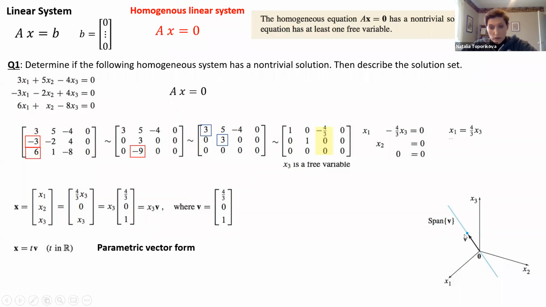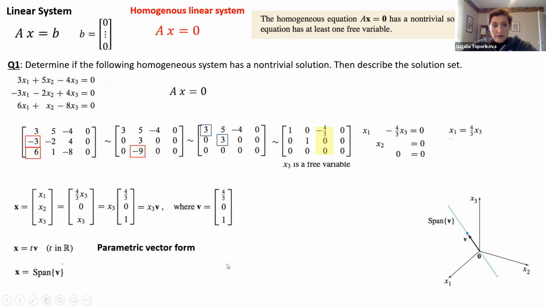Or in other words, we can say the solution of our equation is the span of vector v, because we know that the span denotes all possible linear combinations of our vector.